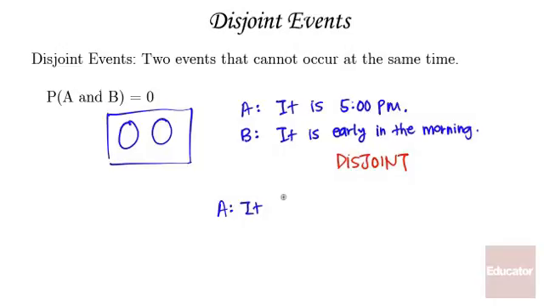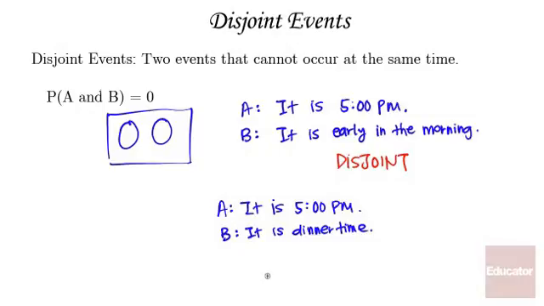Now, if I were to say the same statement here, it is 5 o'clock p.m. And then for my second statement, I'm going to say it is dinner time. Well, this is possible, right?